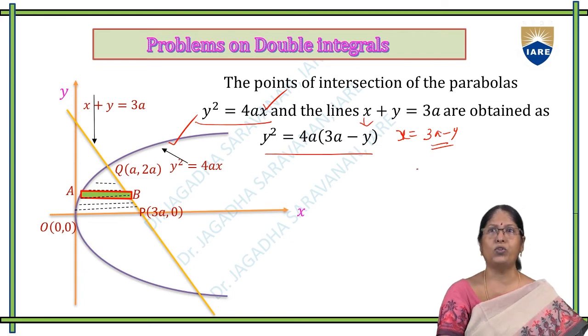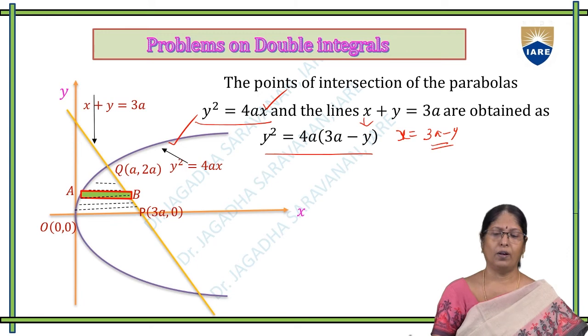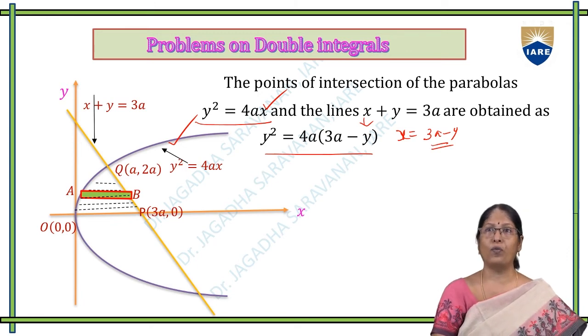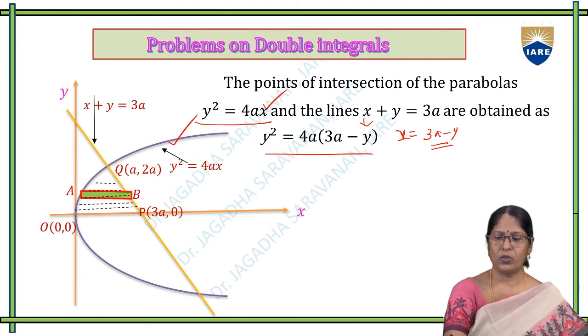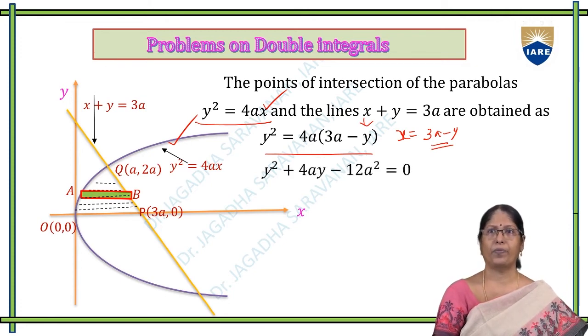If we substitute here, y square equal to 4a into (3a minus y), where x is nothing but 3a minus y.